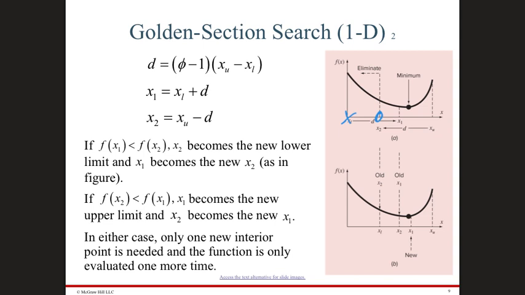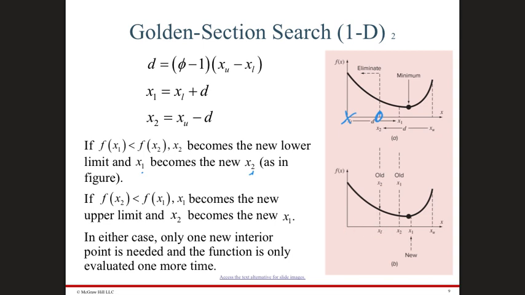And then X1 becomes the new X2. Remember that, okay, it's shown in the figure right underneath it. So this became your lower bound, because this condition was true. You no longer care about this range at all, right?